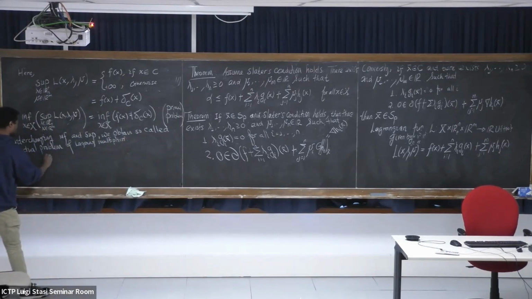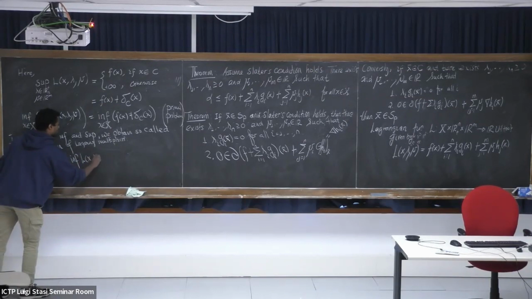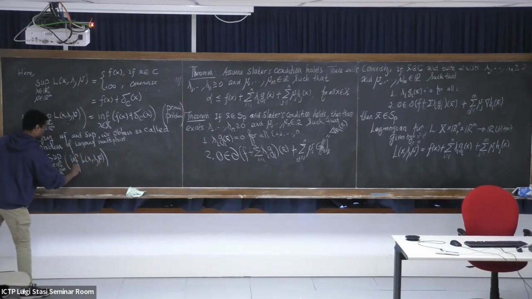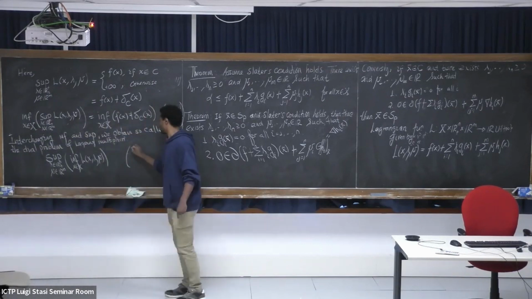If we interchange, we have the supremum over non-negative mu in R^n. This is called the dual problem.